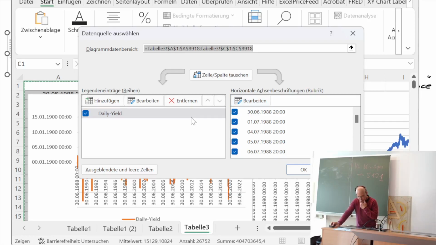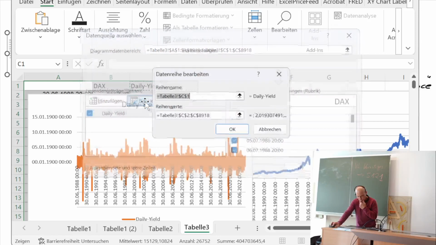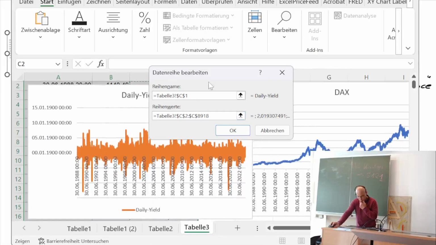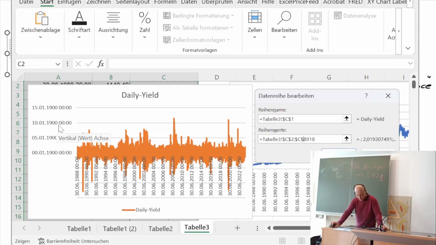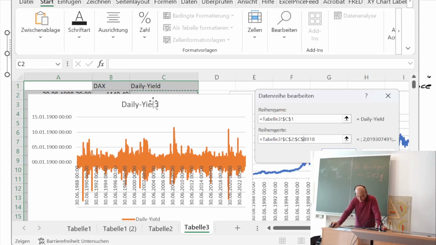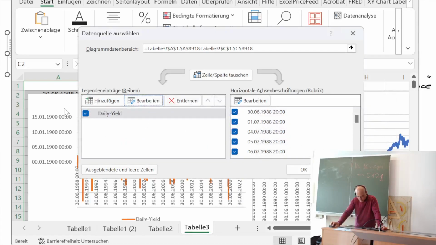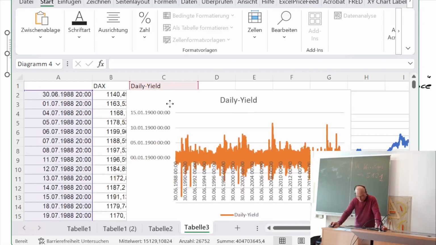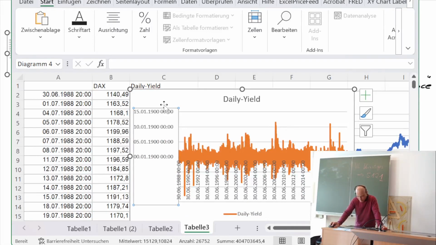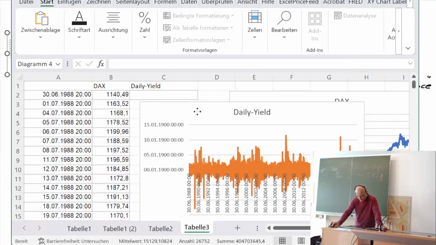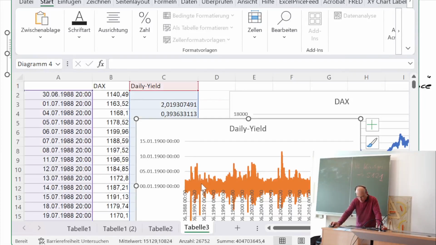So this is the daily yield, and you see. Oops. A little bit puzzled because of this description of the vertical axis, because here we should find these numbers.